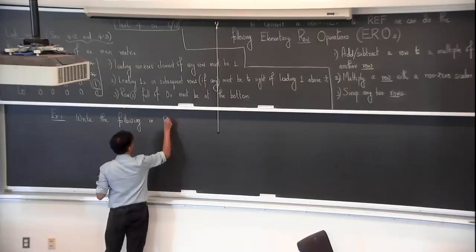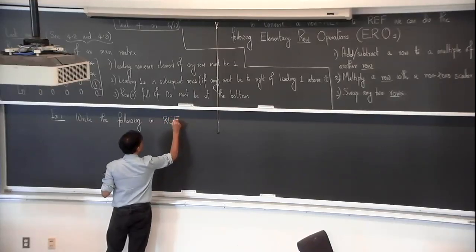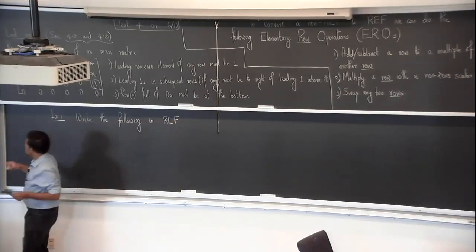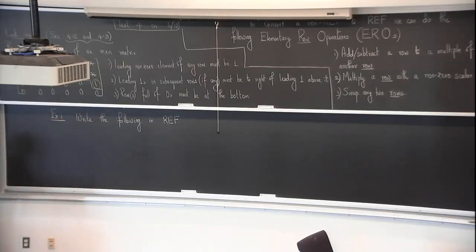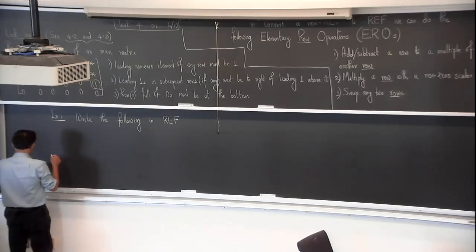I'm just going to use the abbreviation REF. Again, echelon stands for this staircase pattern that I've shown here. And there is no particular niceness that you expect with the staircase. It could be really stretched out or nicely symmetric. That depends on the matrix.